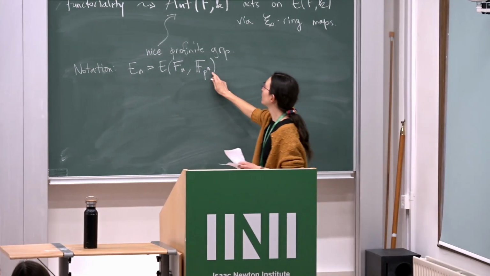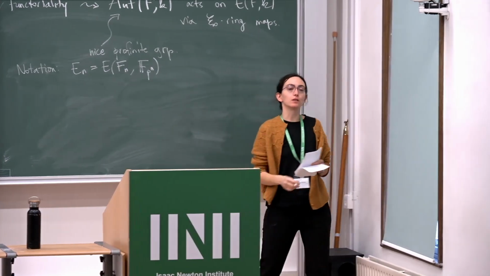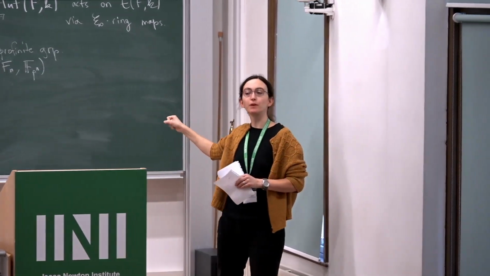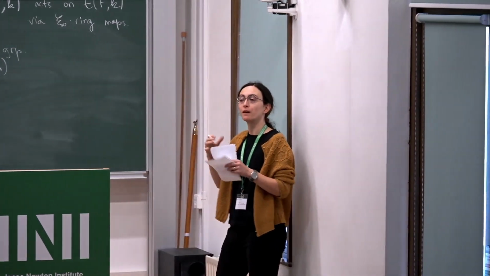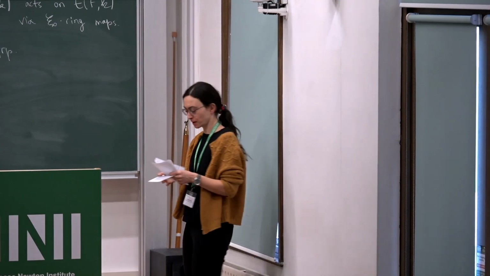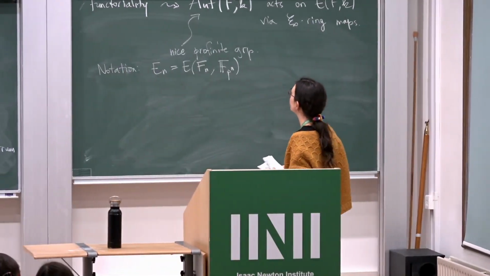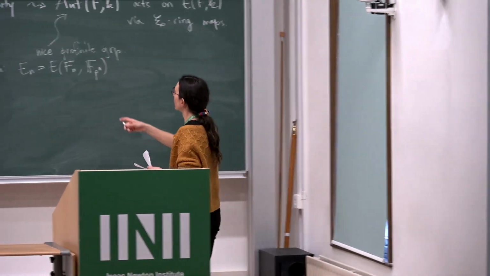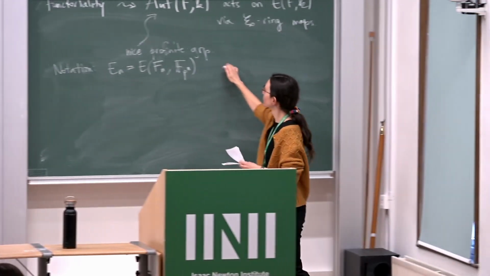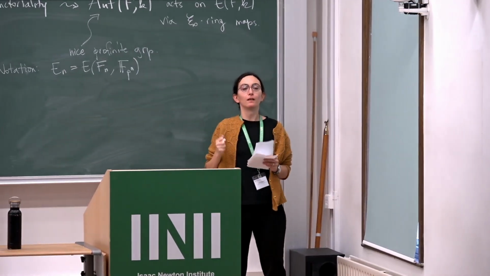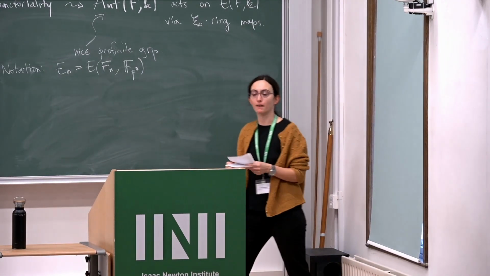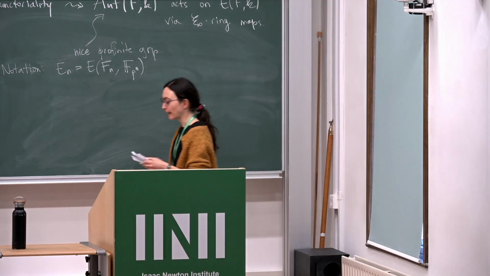Even though my formal group law is defined over F_p, it's good to adjoin some roots of unity to the field in order to realize all the automorphisms. All right, so this is a more standard single ring spectrum that you can call the Morava E-theory at height n.